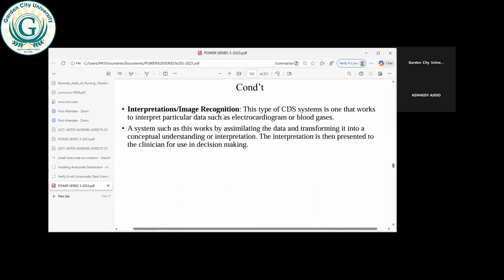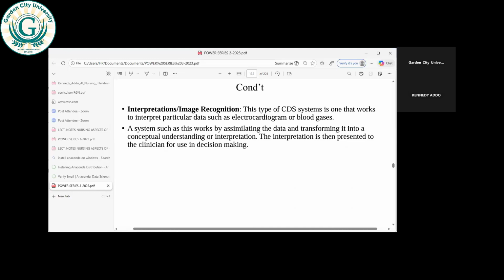Now let's look at interpretations and image recognition. This type of CDSS works to interpret particular data, such as an electrocardiogram or blood gases. The electrocardiogram is meant to measure the electrical activity of the heart.